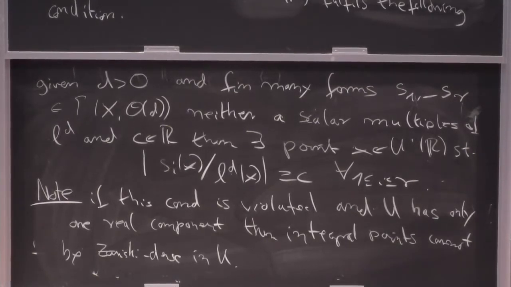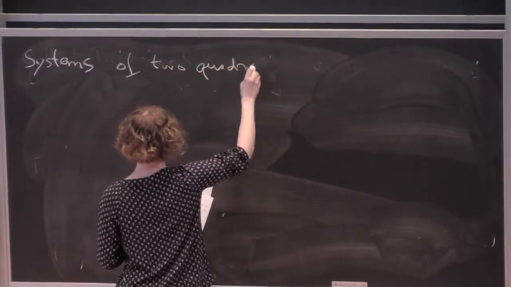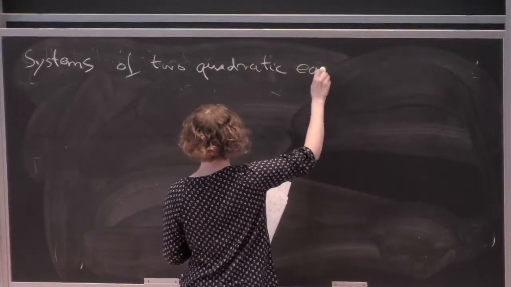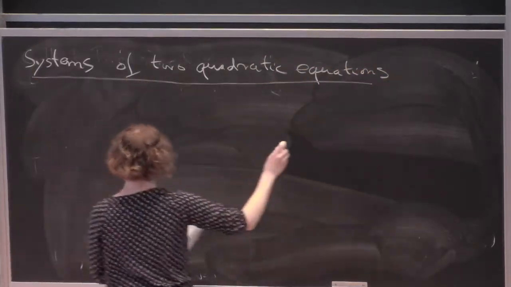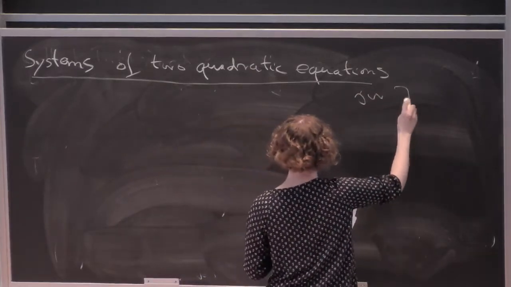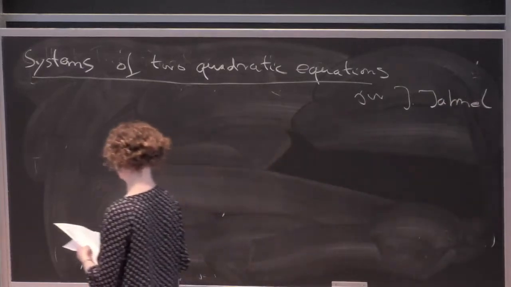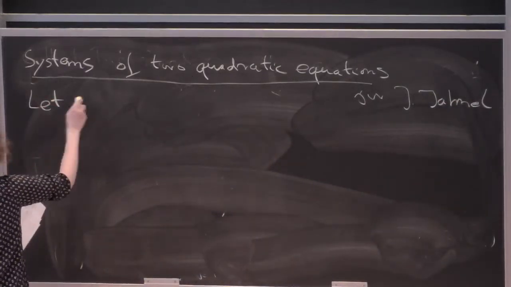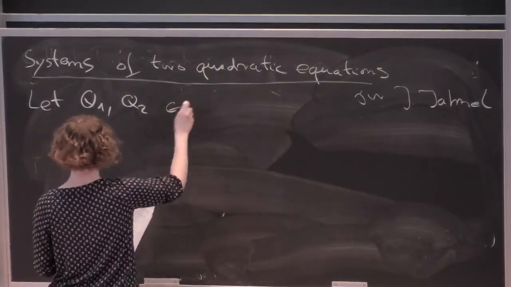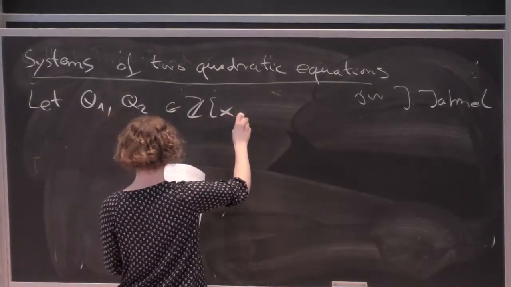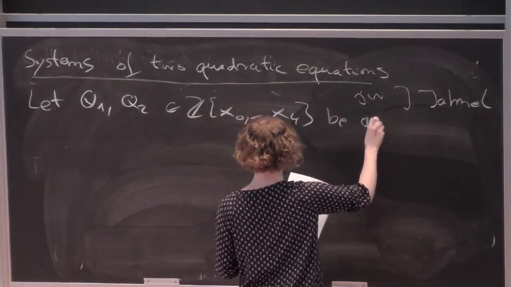So let's now talk about systems of two quadratic equations. Everything I'm talking about is joint work with Joerg Jahnel. So the situation that we were interested in is that we take two quadratic forms, Q1 and Q2, with integer coefficients, say in variables x0 up to x4.